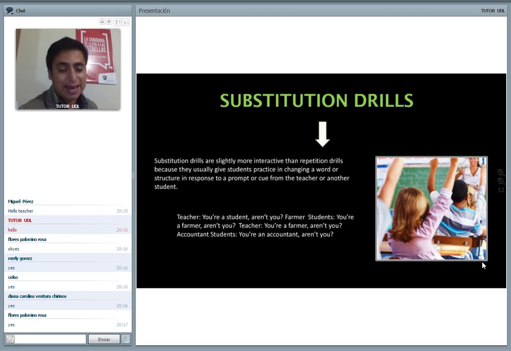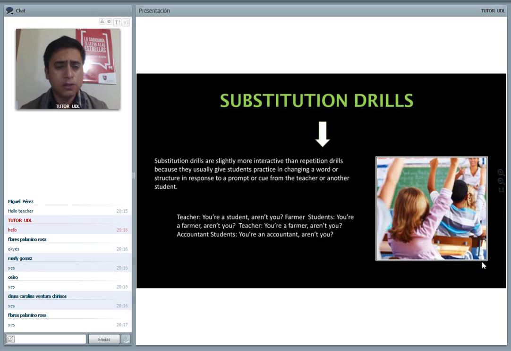Accountant. And the students say, you're an accountant, aren't you? So here they are making some changes, not in the whole phrase, but in some words, especially one or two words in a statement. That's substitution: when you change a word or maybe a phrase in a sentence. Not everything, you just change something.